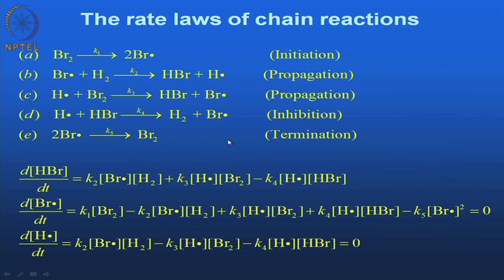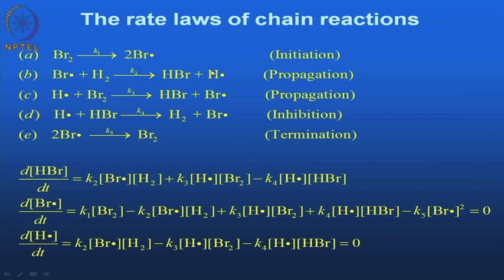Again, as I told you, this is initiation, and this is your propagation. Why propagation? Because this reaction produces one H dot, and the active ingredients for the reaction to proceed further are the radicals. Here the active ingredients are Br dot and H dot.